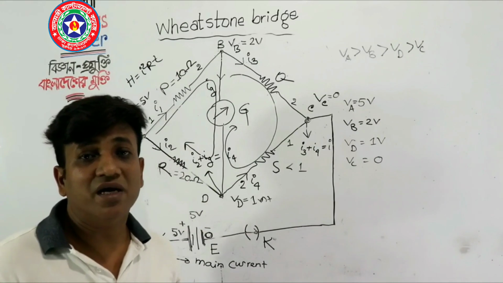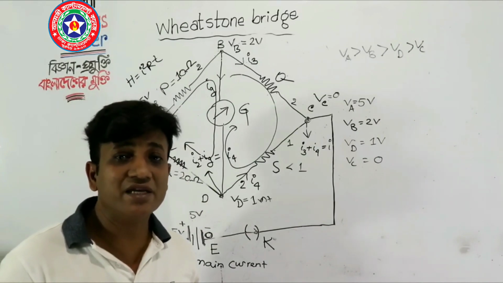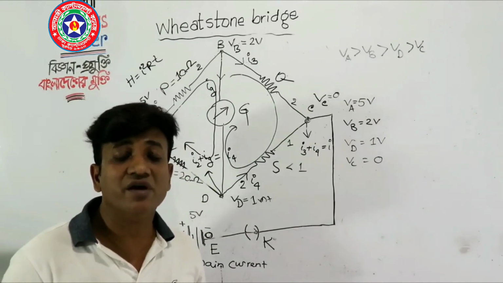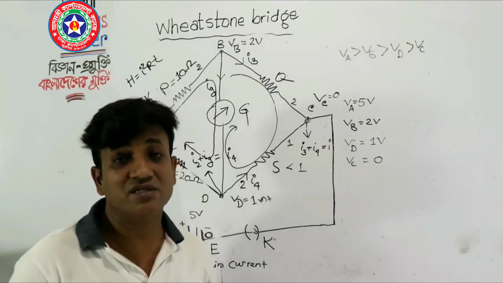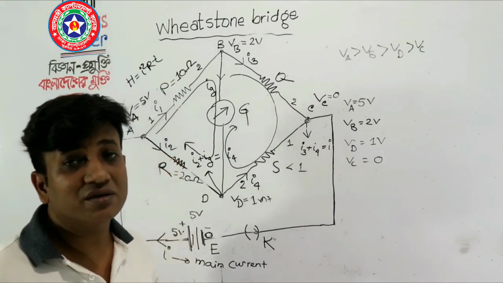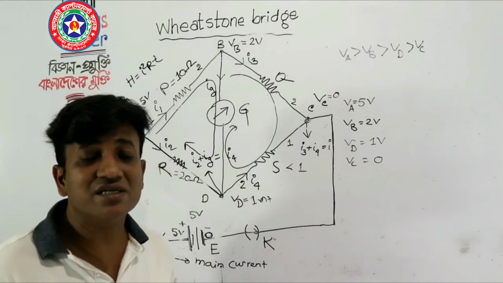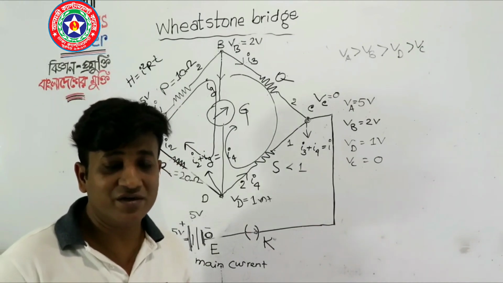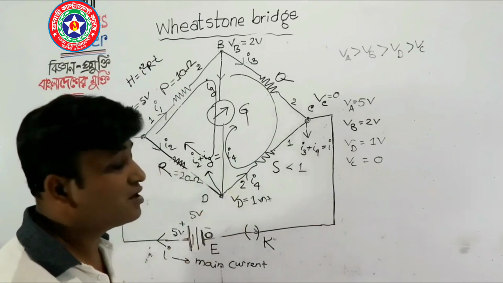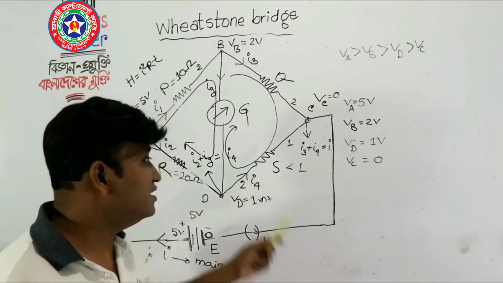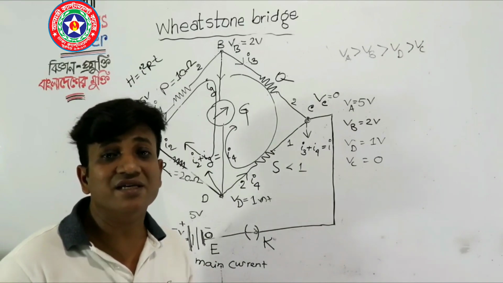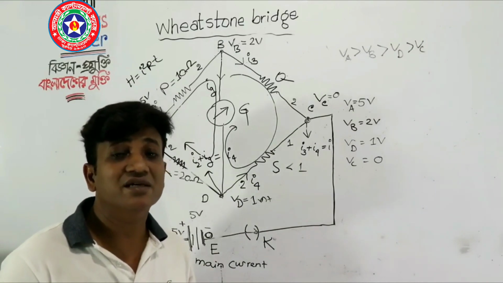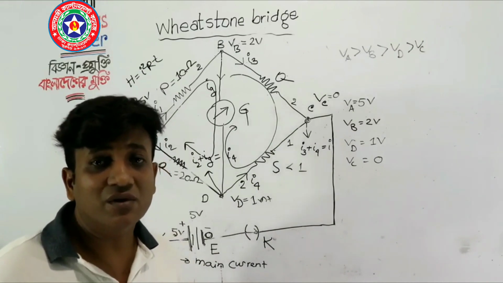wires have no resistance, but actually there are no wires which have zero resistance. You know, a wire which has no resistance is called a superconductor, but here we are not using a superconductor. These wires also have their intrinsic resistance, which is less than 1 ohm.